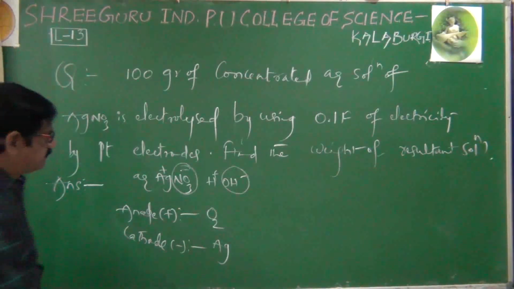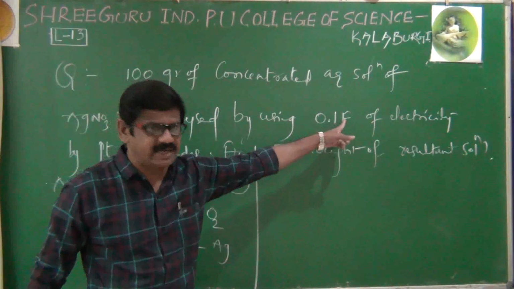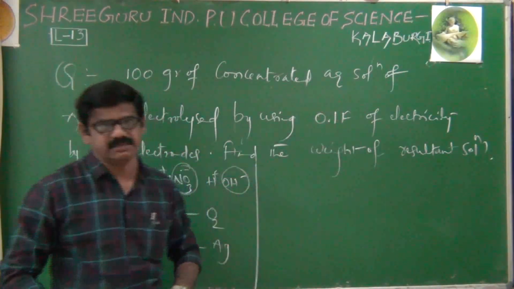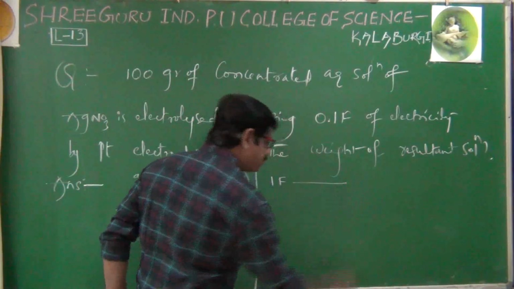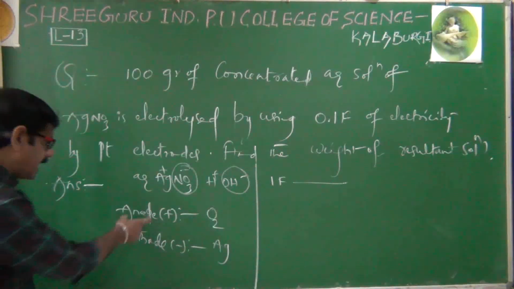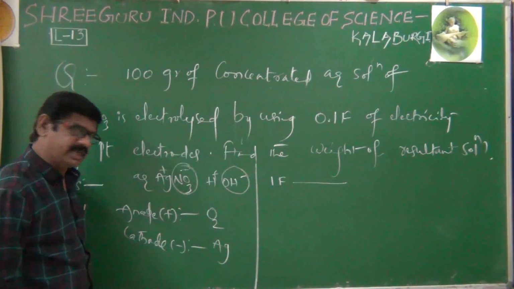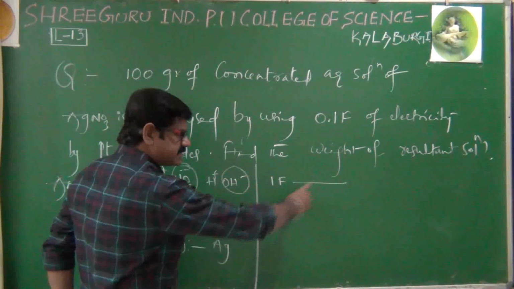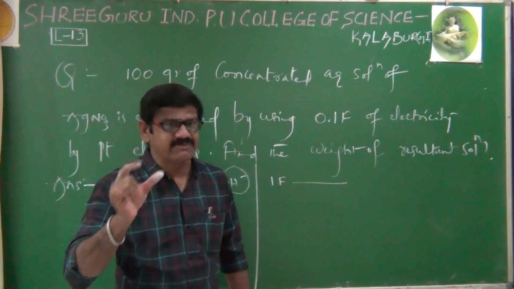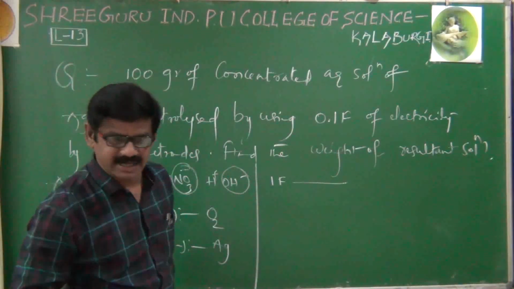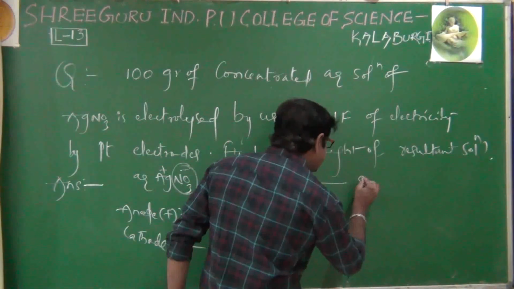Right. Now we'll calculate. He is sending 0.1 Faraday of electricity. First we'll do one thing. Suppose 1 Faraday of electricity is sent. Then at the anode, how much oxygen will be liberated? If 1 Faraday of current is sent, whatever the substance may be, its corresponding equivalent mass of substance is deposited. As far as oxygen is concerned, the equivalent mass is 8 grams.